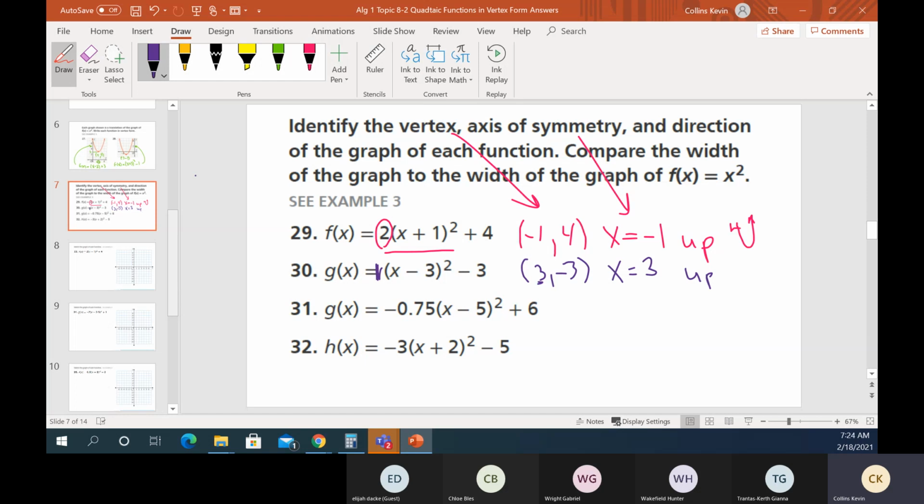So it's going up. And then as far as the width, since this is 1x squared and this is some version of 1x squared, then the width on this one is going to be the same as the x squared. Okay. Cool.